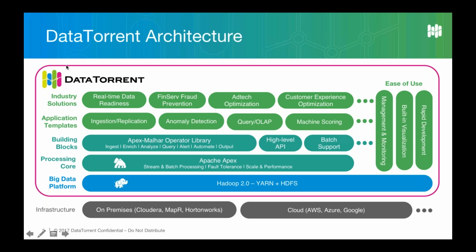Those are the templates, and the industry solutions are the templates and these operators put together to solve a particular business use case, an industry vertical use case. For example, financial services fraud prevention is a solution built on top of these operators and these application templates, right? Other things that DataTorrent provides are tools on top that will help you in many areas such as development, management and monitoring, and visualization.